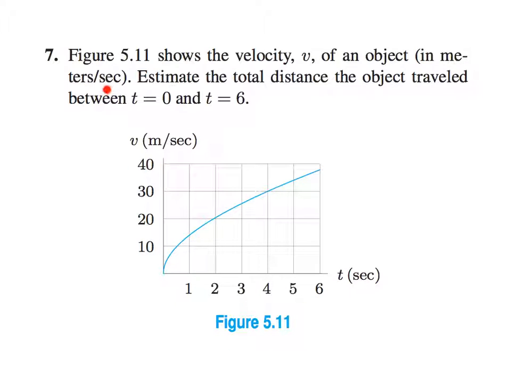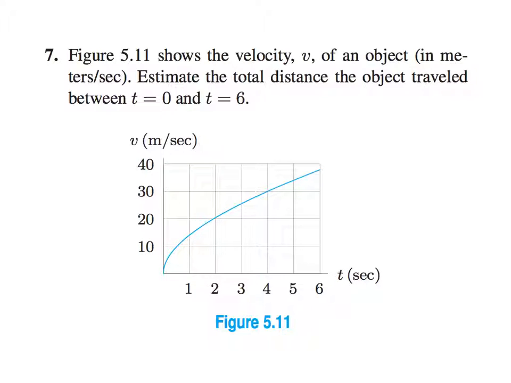So now we have meters per second instead of miles per hour, but it's no big deal. Estimate the total distance the object traveled between t equals 0 and t equals 6. So now we want to actually know how far did we travel in the 6 seconds here.